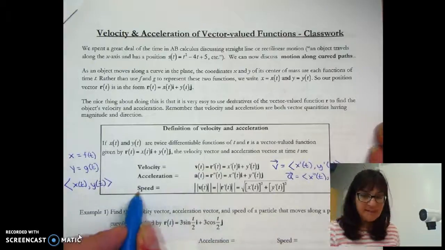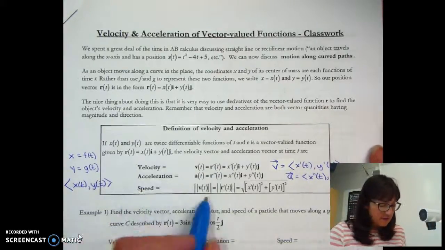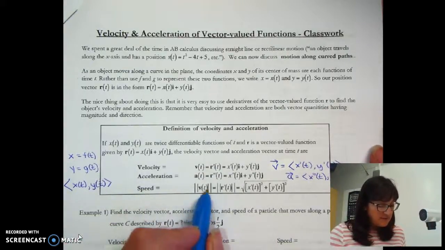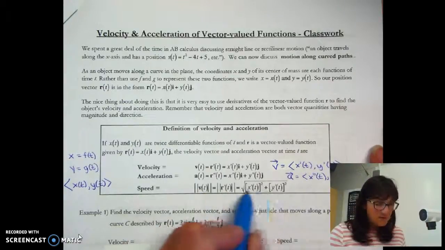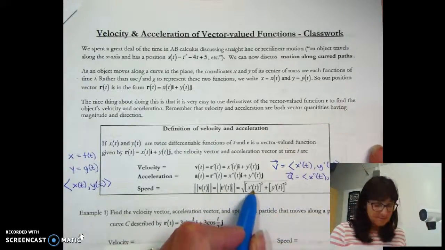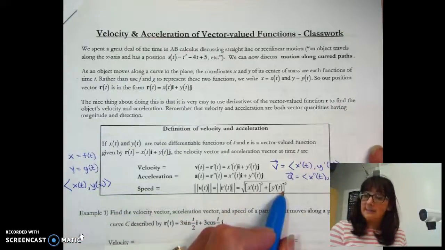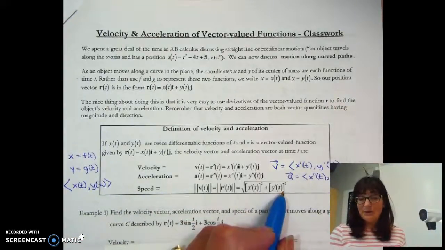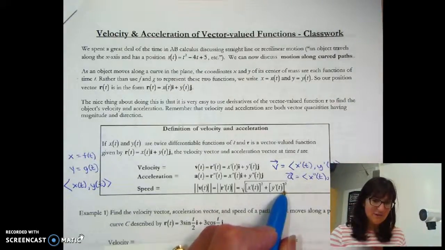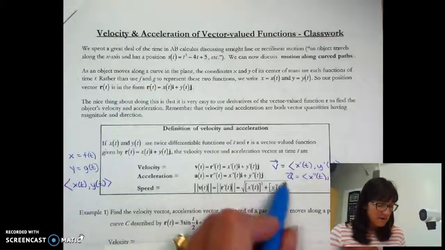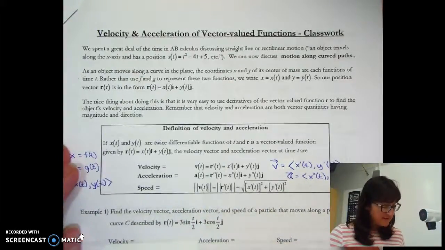And then the speed is the magnitude of the velocity vector. So we have to take our velocity vector and do the formula for the magnitude. So that's what we'll use if we have to calculate the speed. And just like we were talking earlier, speed doesn't have a direction, so it's a scalar quantity, which is why we are using the magnitude of the vector when we talk about speed.